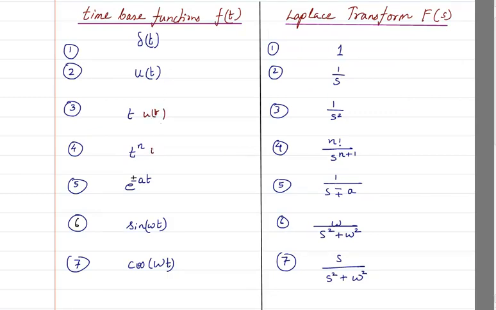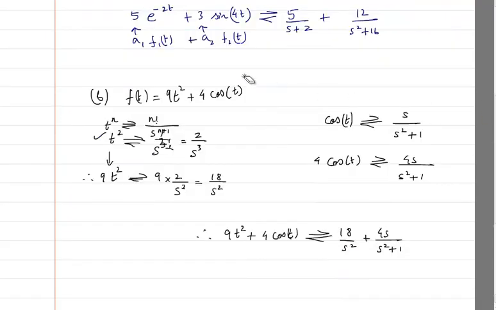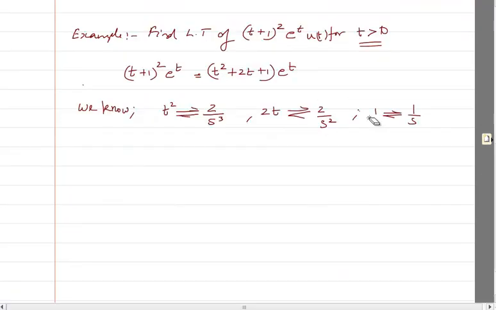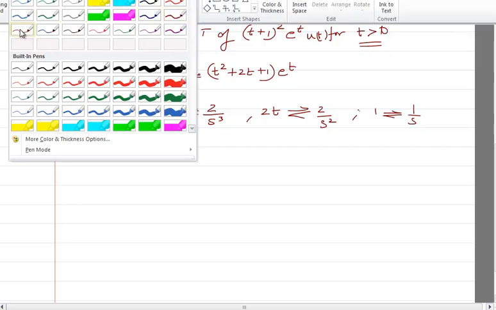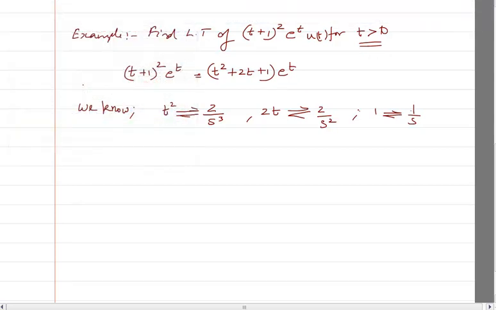You might remember that when we wrote the basic formulas, I said that you can write u of t here, but we are not going to write it because we are going to omit it. So u of t means for all t greater than 0. Whenever you are asked a problem in Laplace, most of the time it will be asked with t greater than 0. Even if it is not written, you can assume it to be t greater than 0, and then you can do the problem. So now 1 is going to be 1 by s.